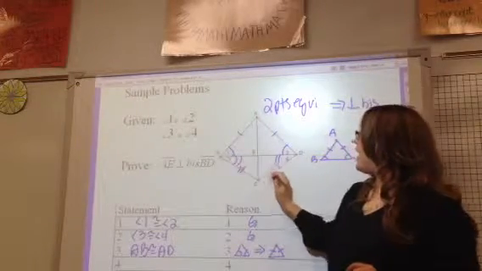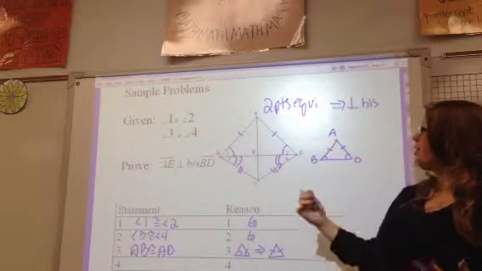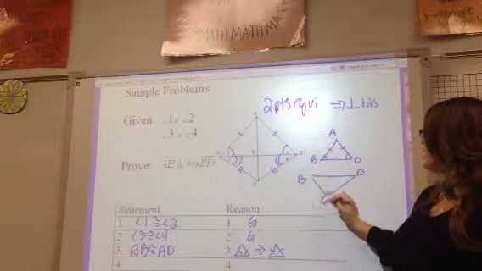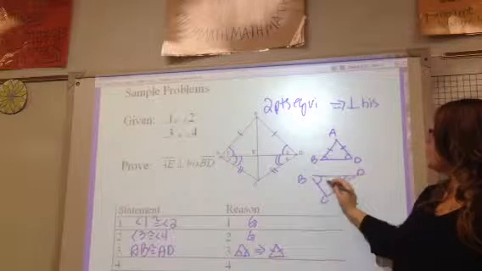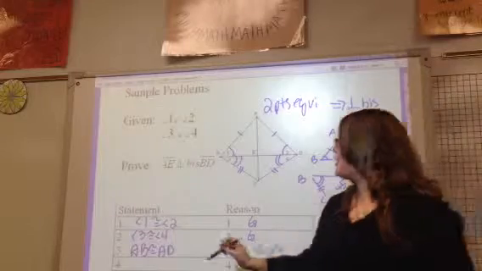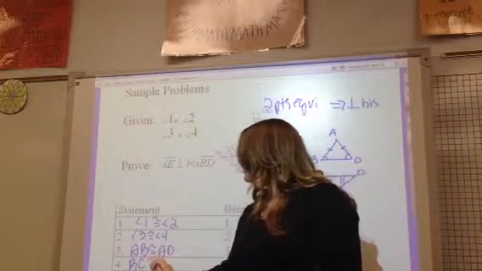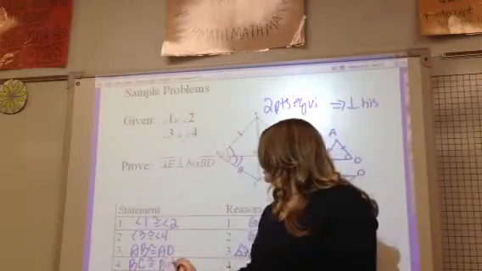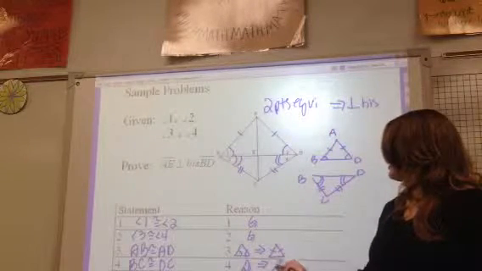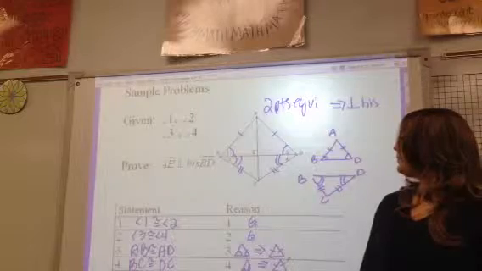I also know that those sides are congruent for the same reason. I know angle 3 is congruent to angle 4, so these sides have to be congruent. Congruent angles implies congruent sides.